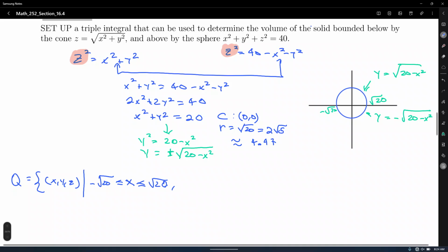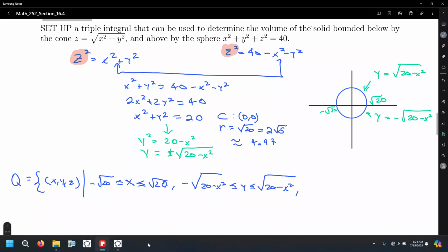Then y varies between negative the radical of 20 minus x squared and the positive radical of 20 minus x squared. But what about z in this case? Well, that's again the highest surface minus the lowest surface. However, that's why we have GeoGebra.